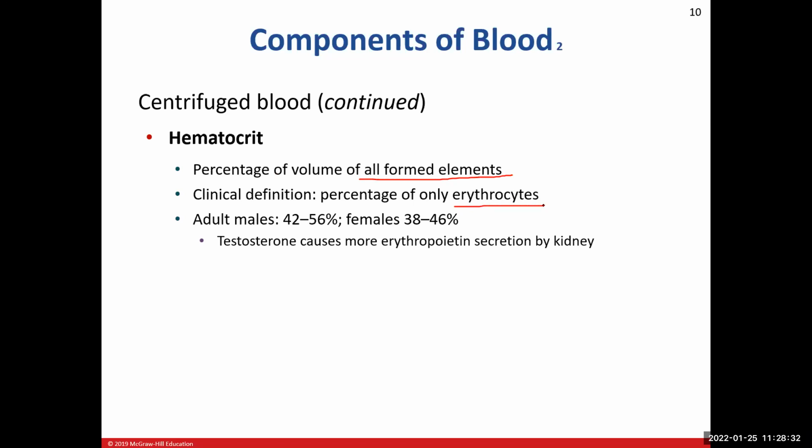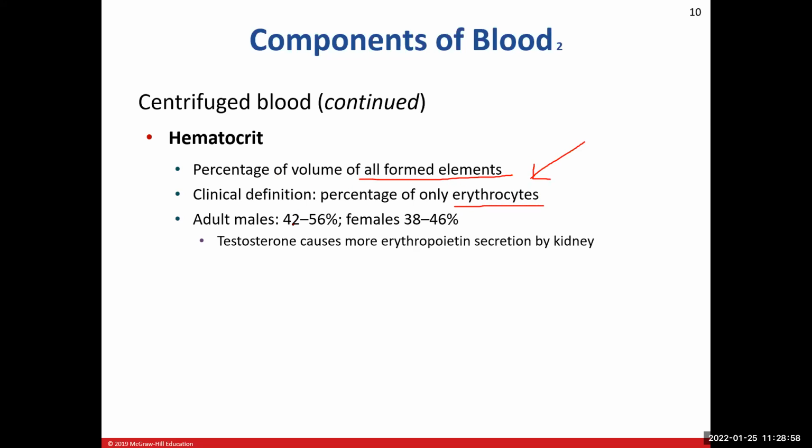And then 1% is going to be made up of the white blood cells and platelets, but that gets broken down into the different types of white blood cells and also into the platelets. So normally when we talk about hematocrit, we're really focusing on the erythrocytes, but it does include, obviously, all the formed elements. So it will include white blood cells and the platelets.